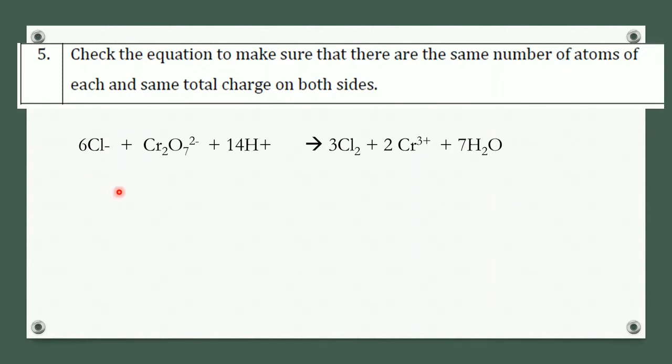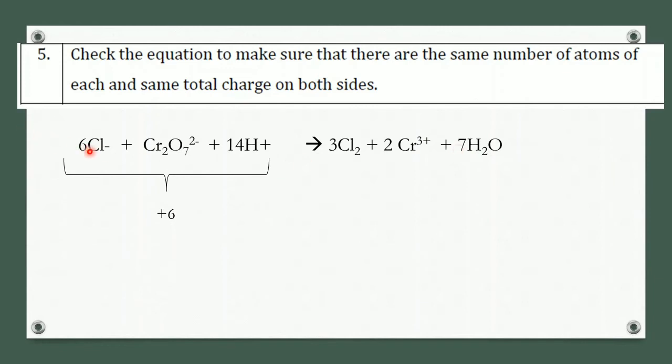And you can check the equation again to make sure that the number of all the atoms are the same on both sides. So 6Cl, 2 chromium atoms, 7 oxygen atoms, and 14 hydrogen atoms. And also you can check the charge as well.